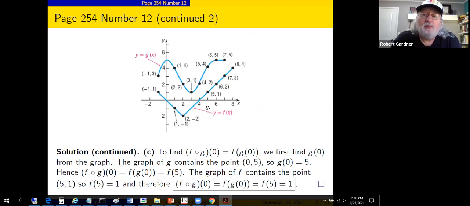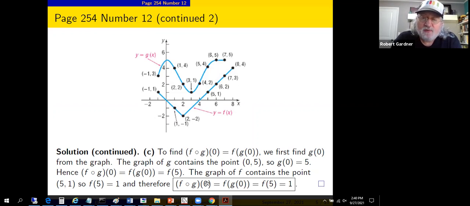I'll take the output from that function, make it input in the f function. So here's the 5. We go up this time to the f function. We want f of 5, (5, 1) on the f function. Tells you f of 5 is 1, and so that's the value of the composition.